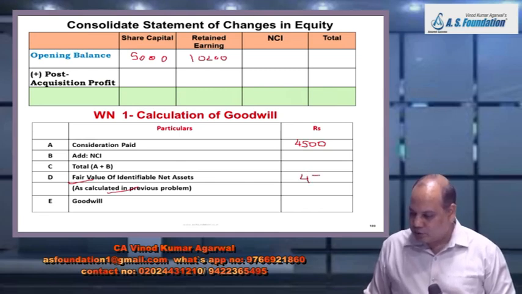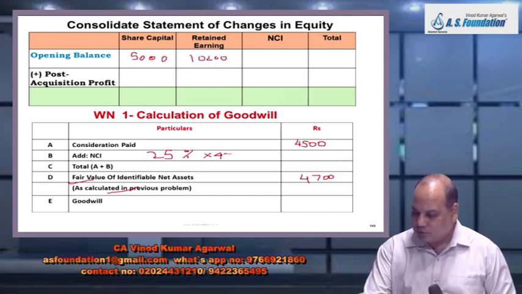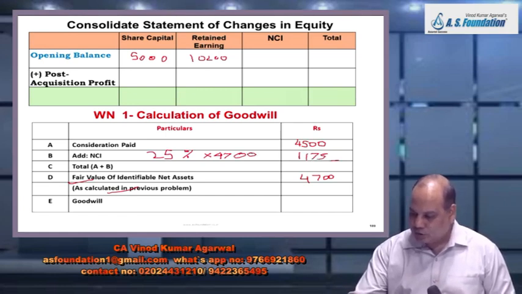Do you remember, 4,700? So the NCI share will be 25% of 4,700. How much is that? Take this total first. 5,675 minus 4,700.